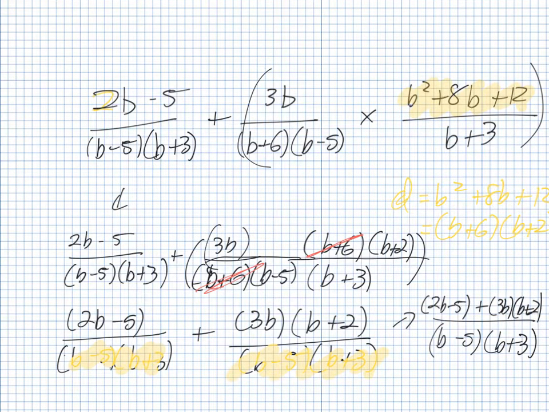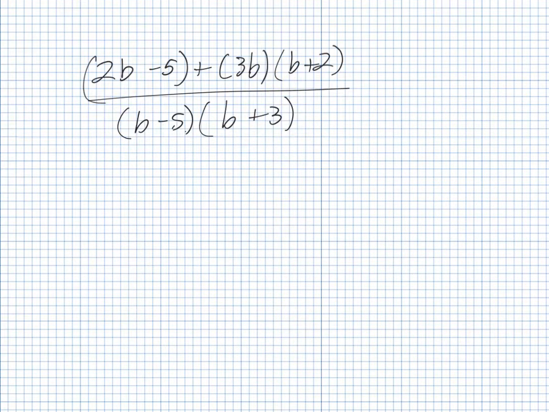Now, this is technically very, very simplified. They might ask you to expand this, add it to this, and then see if it's factorable again, which it might be, so we're probably going to have to try that. Of course. Okay, so let's quickly expand this. This is distributive property, so we multiply the first and second term within there. We'll get 3b squared, perfect, plus 6b.